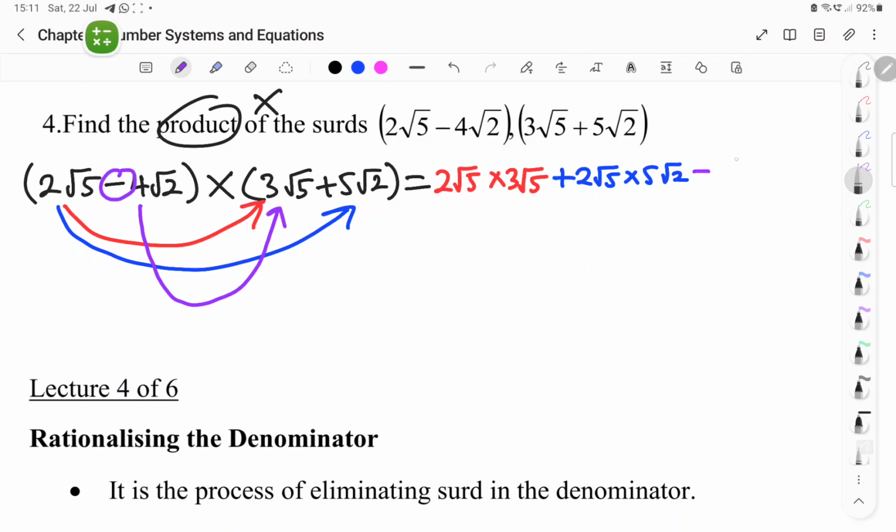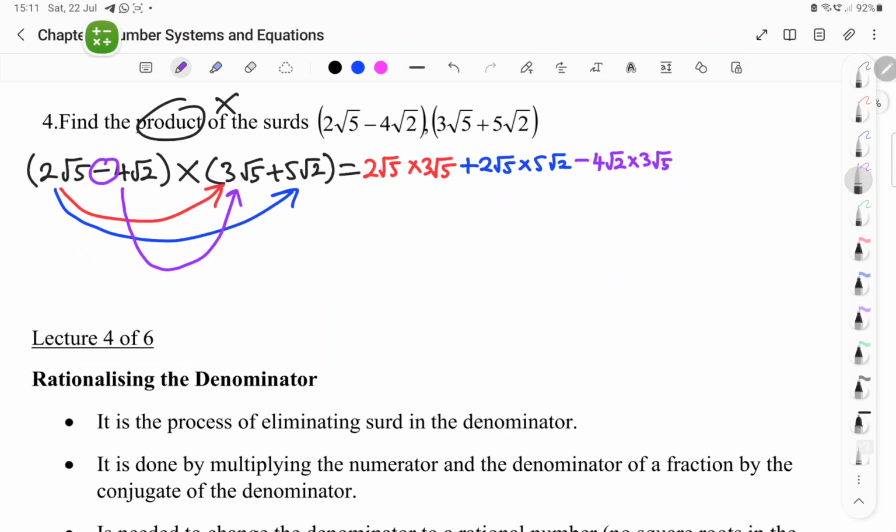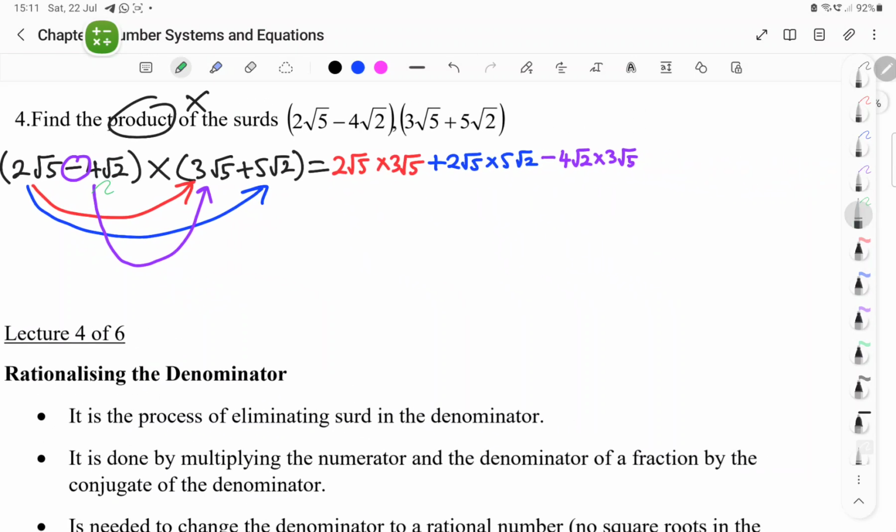So we have to put negative. 4 square root of 2 multiply 3 square root of 5. Correct or not correct? Okay. And then lastly, we have to expand the last term for both of the brackets. Okay, so negative also. Negative 4 square root of 2 multiply 5 square root of 2. Okay, good.